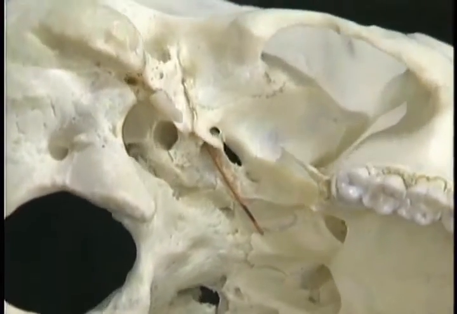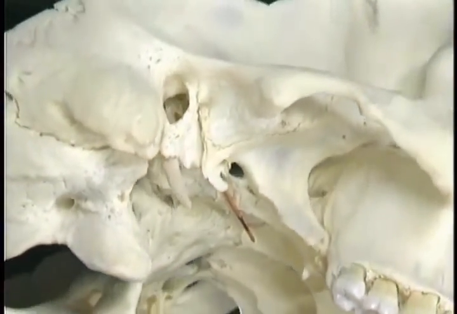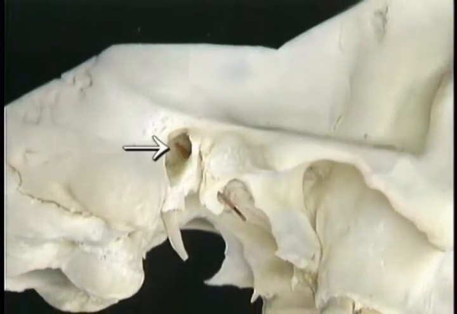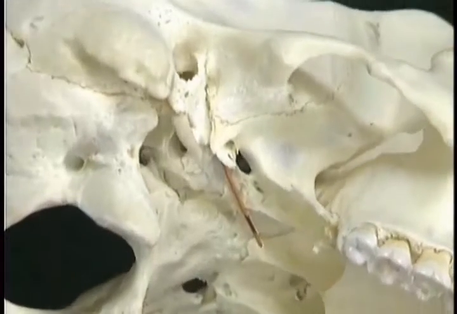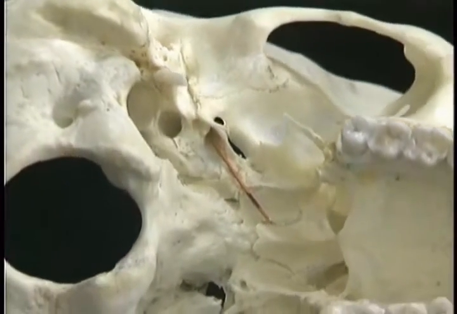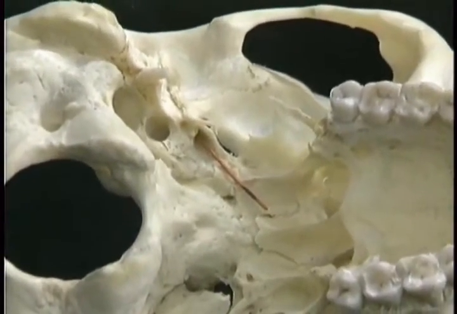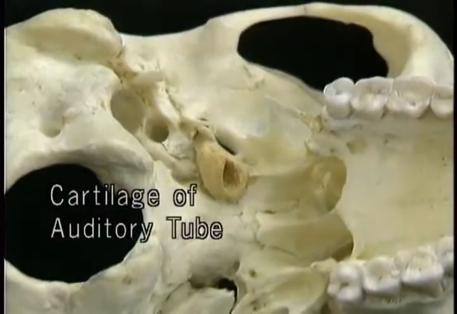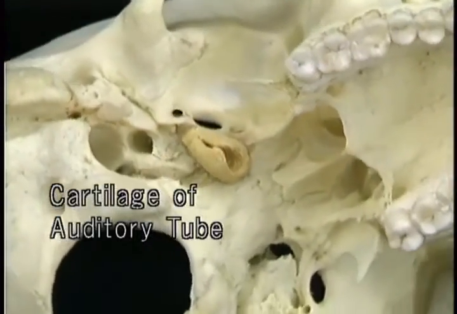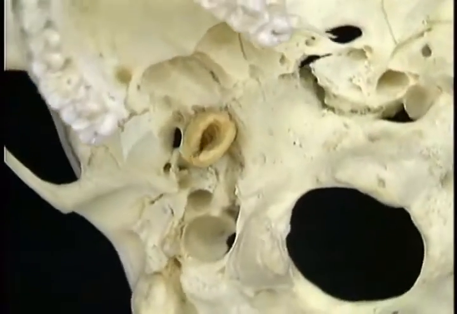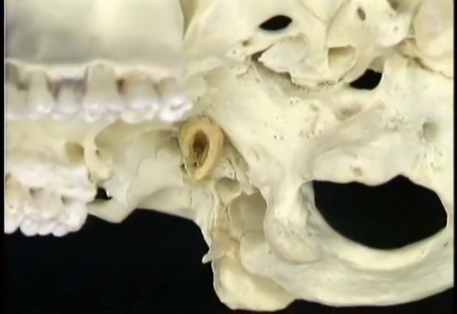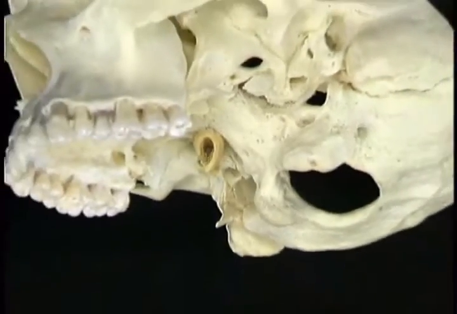The auditory tube passes backwards and laterally to emerge here in the middle ear. The auditory tube is longer than this. Medially, it's prolonged by a tube of cartilage, represented by this colored material. The auditory tube opens into the nasopharynx, as we'll see.